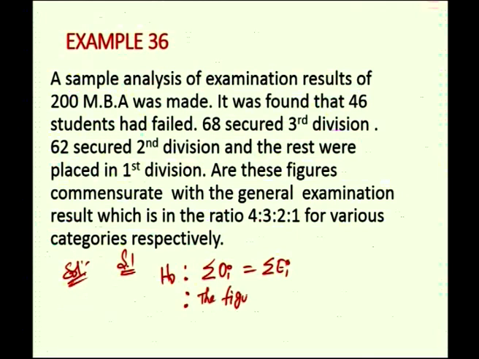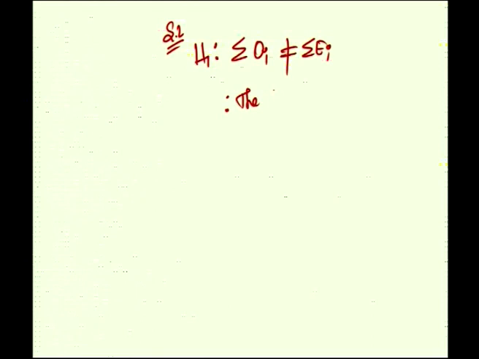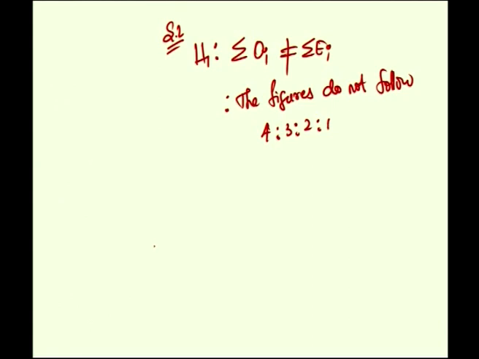According to H naught, the figures follow the ratio 4:3:2:1, whereas H1 says summation Oi is not equal to summation Ei. We say that the figures do not follow the ratio 4:3:2:1. 4 is for failed, 3 is for third division, 2 is for second division and 1 stands for the first division.